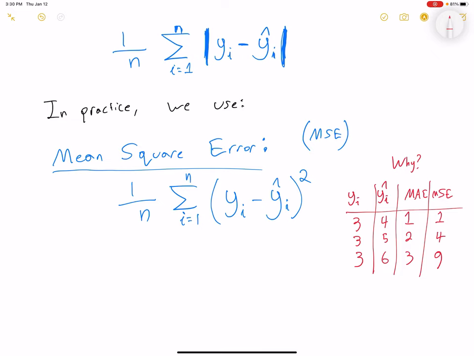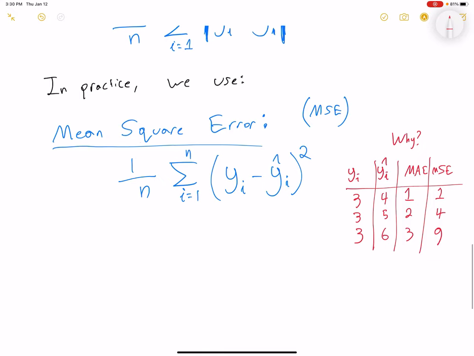And so it has that nice property just from an intuitive standpoint. There are other nice mathematical reasons why we use it, and we'll get to why, but just for today, from an intuitive standpoint, this is why we like MSE.